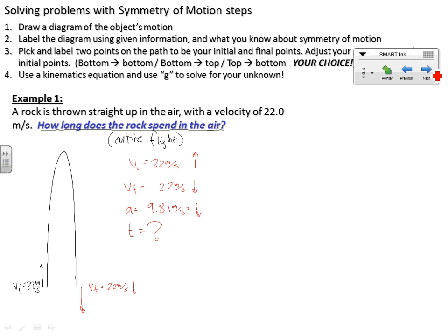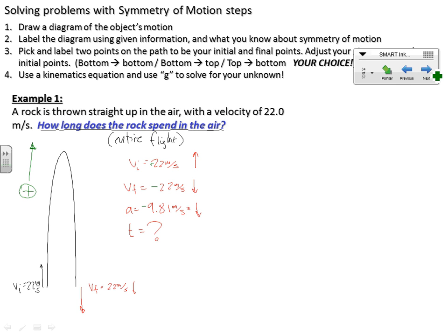Well, let's not forget, we should always do this. Again, if you want to make positive downward, be my guest. Upward, positive. Downward, negative. What equation has those four things in it?